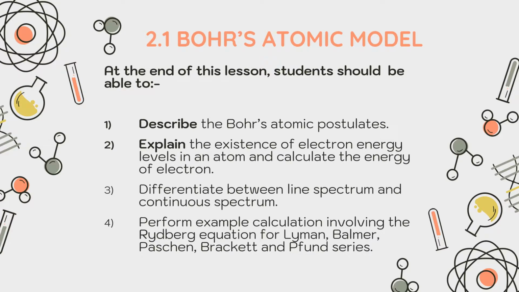Assalamualaikum and hi everyone. At the end of this lesson of 2.1 Bohr's atomic model, you should be able to describe Bohr's atomic postulates, explain the existence of electron energy levels in an atom and calculate the energy of electron, differentiate between line spectrum and continuous spectrum, and we will see examples of calculation involving the Rydberg equation for Lyman, Balmer, Paschen, Brackett, and Pfund series.